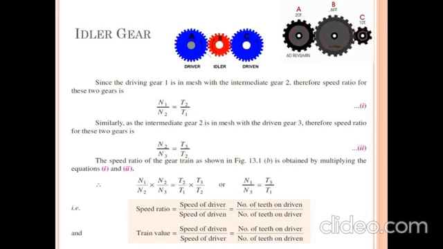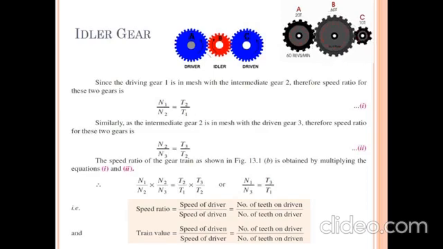Now this idler gear is generally used for 2 functions. The first function is to connect the gears where a large center distance is required. Suppose A and C gears are not too close, they have a large distance, then this gap can be bridged by these idler gears, a number of idler gears.